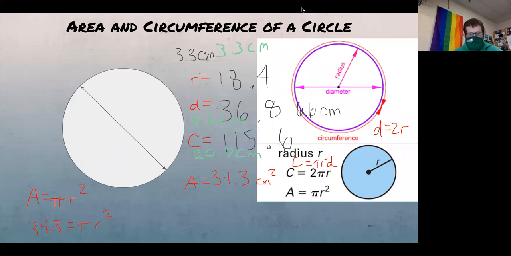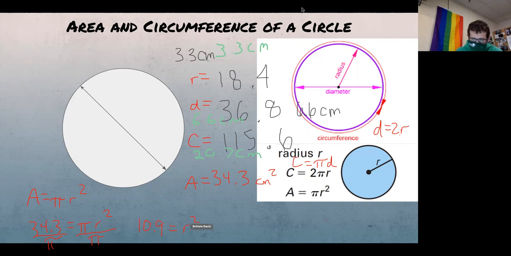So let's start running through this. And if we know that 34.3 is the area, I can start by solving for the radius. I'm going to start by dividing both sides by pi. And then, let's see, 34.3 divided by pi is 10.9, which is equal to the radius squared.